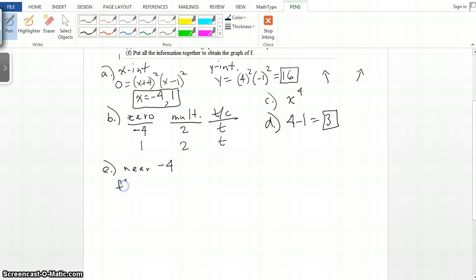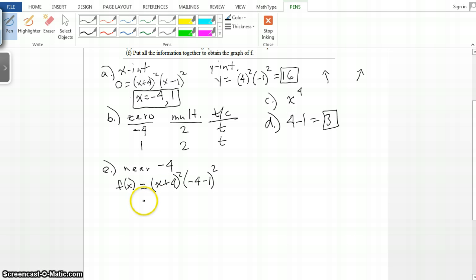What you do to find this behavior is plug negative 4 into that original function, except for where it zeroes out the function. So you don't want to plug it in here, you're going to plug it in this side. So it looks like x plus 4 quantity squared, and then you plug the negative 4 in there and square it.